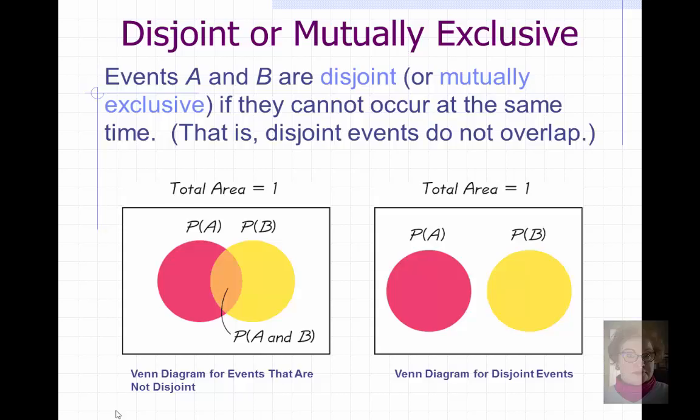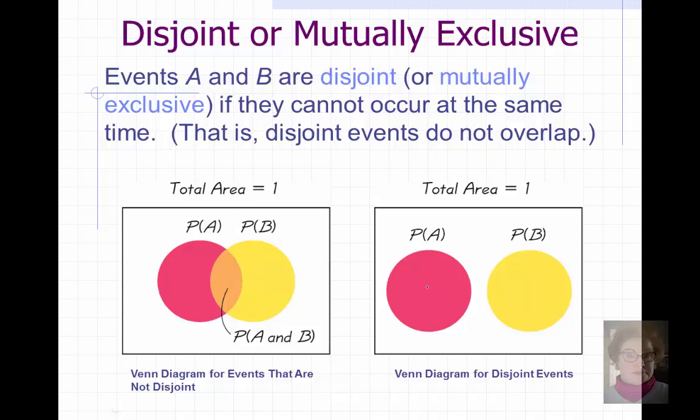Now, that tells us joint or disjoint. Disjoint just means it's mutually exclusive. So when we talked about drawing a queen or drawing a club, those are not disjoint because I could get the queen of clubs.